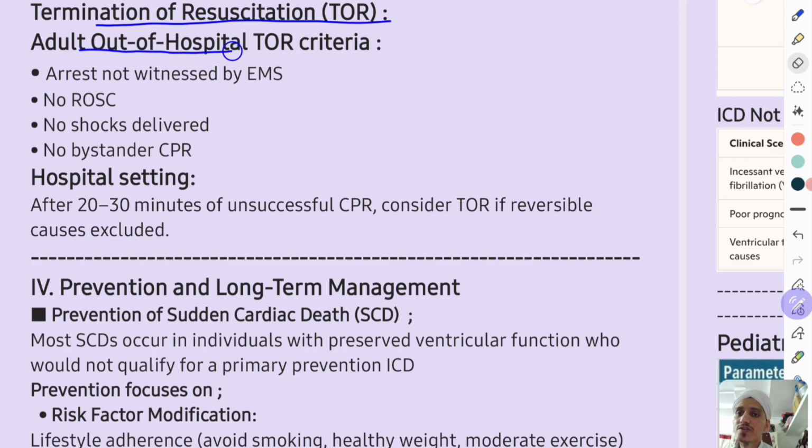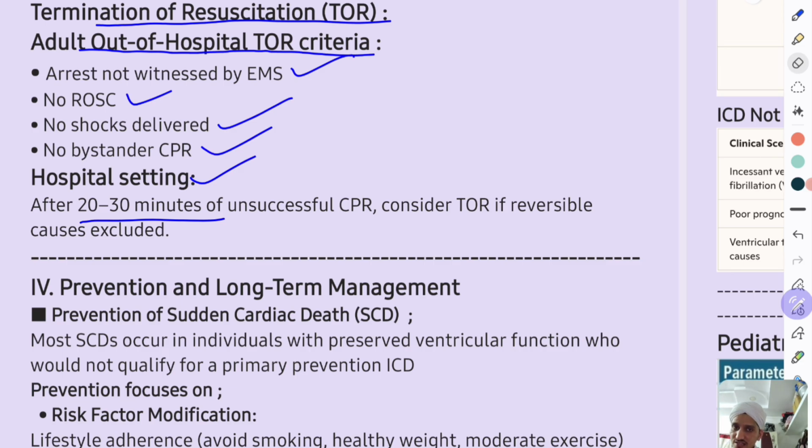Adult out of hospital TOR criteria: arrest is not witnessed by the emergency medical services, there is no ROSC, no shocks delivered, no bystander CPR. So these are the conditions for adult out of hospital TOR criteria. And in hospital, do the CPR for 20 to 30 minutes.